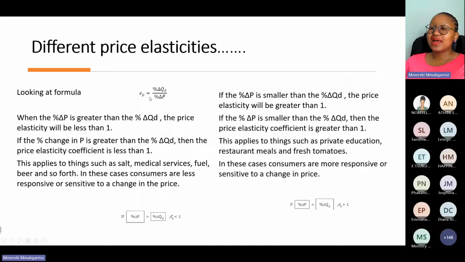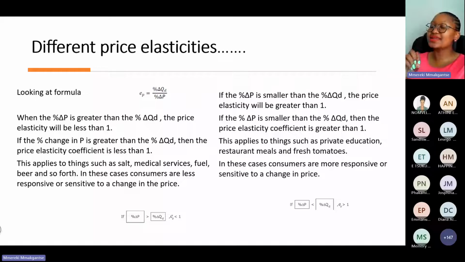Just looking at our formula, if the bottom part, which is percentage change in price, is greater, let's say it is 2, which is greater than the percentage change in quantity demanded, which is 1, then 1 divided by 2 is, yes, class, 0.5. So the elasticity will be less than 1.